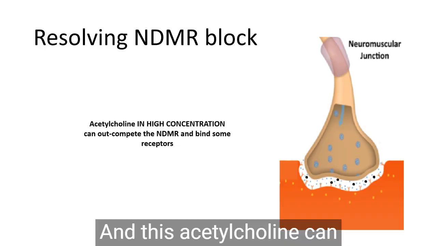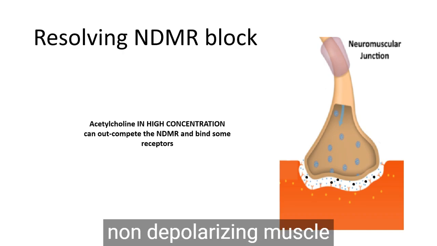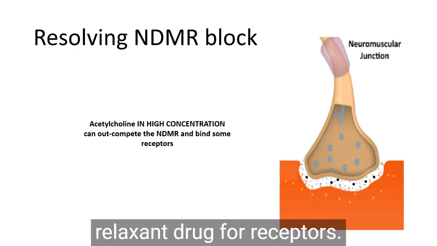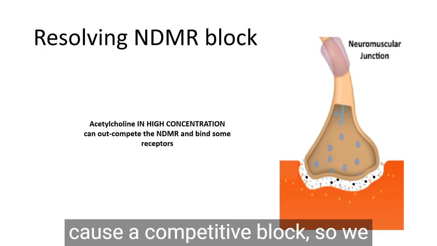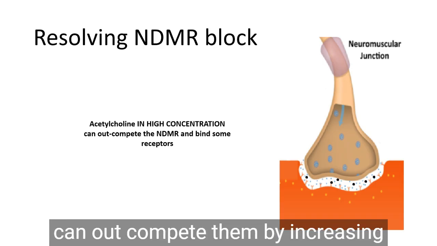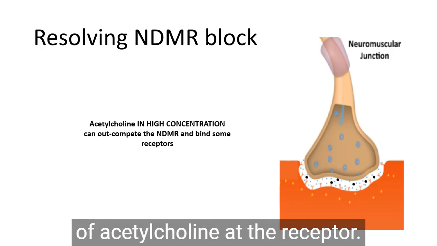And this acetylcholine can now compete with the residual non-depolarizing muscle relaxant drug for receptors. Remember, we said that these drugs cause a competitive block, so we can outcompete them by increasing the concentration or the amount of acetylcholine at the receptor.